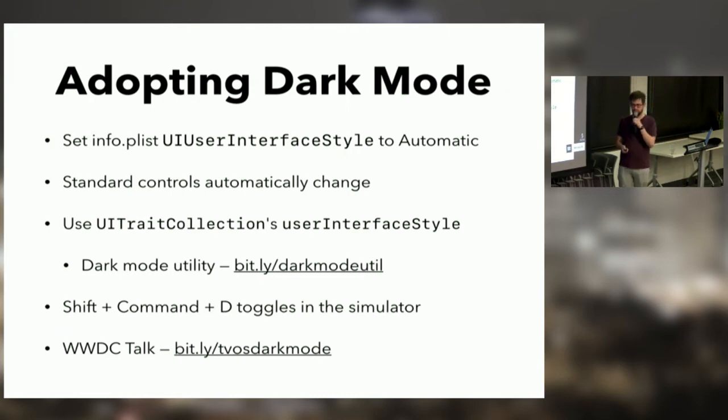A very fun gotcha when I was implementing dark mode is that I initially implemented it to support tvOS 9 still, and I used respondsToSelector. So I basically said, if respondsToSelector userInterfaceStyle, then grab that value and use it to dictate what the style is. What's funny is it was undocumented, but in tvOS 9, UITraitCollection did respond to userInterfaceStyle.